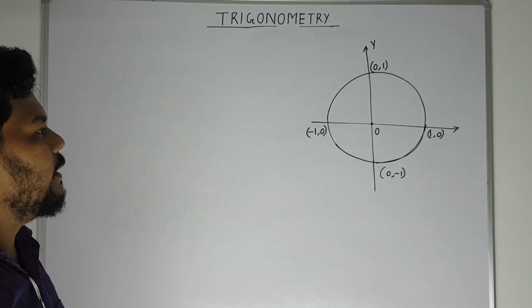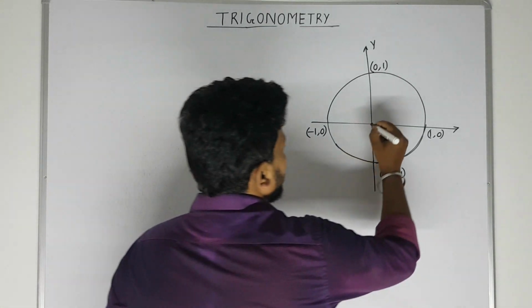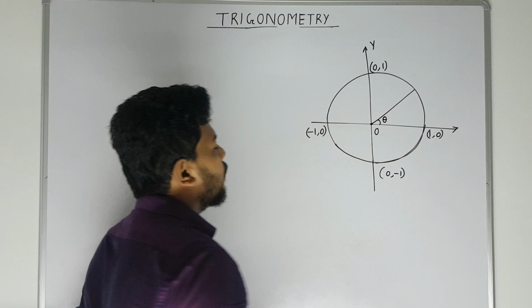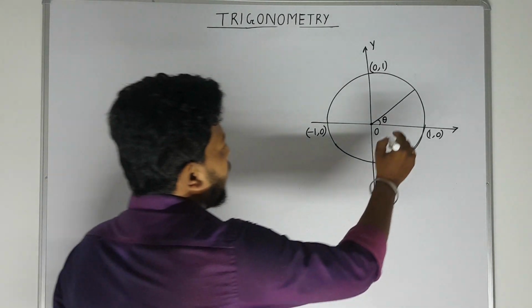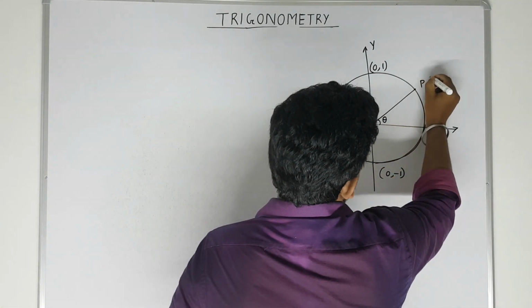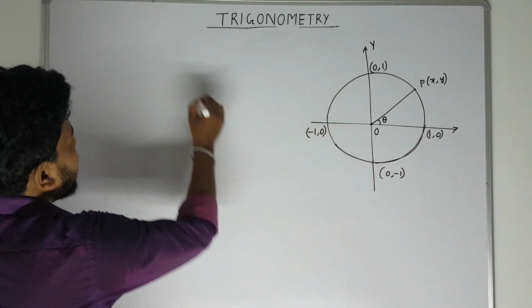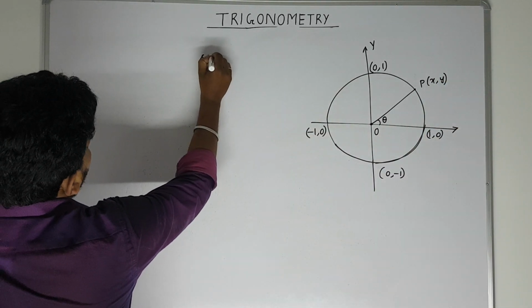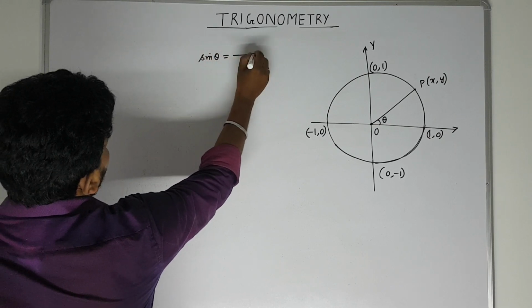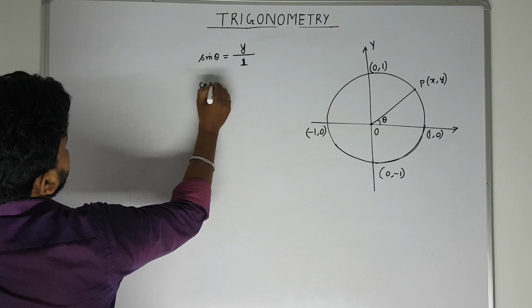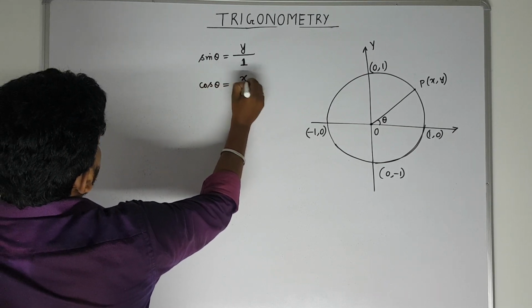Now for this angle theta, this point is P(x, y), and we can say sine theta is equal to y by 1 and cos theta is equal to x by 1.